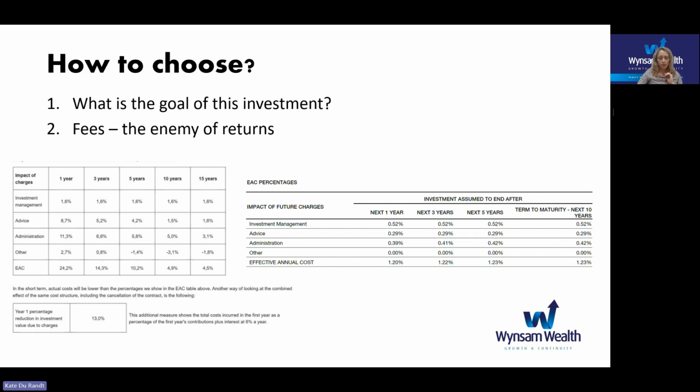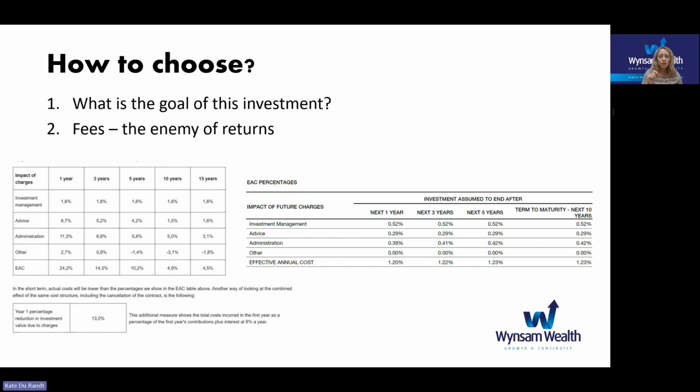Maybe the market does 50% and you still make money. Possible. But what if the market only does 5%? You're going to be worse off for having put money away. And not because the market did badly, simply because the fees on this thing are so horrific that, I mean, it's almost unethical. But investments like this exist.